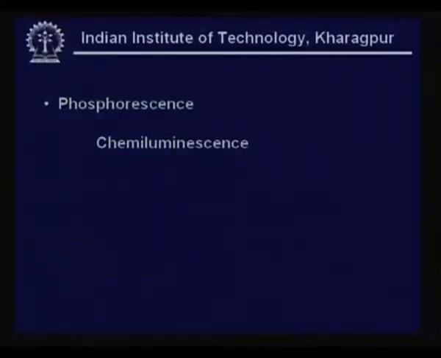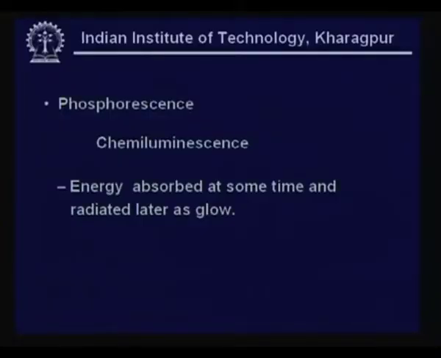We talked about energy absorbed at a particular wavelength and re-radiated in the visible zone, but there is no time delay. On the other hand, phosphorescence or chemiluminescence is what we call as a process by which radiant energy is absorbed, and having been absorbed is radiated at a later point in time as a glow.